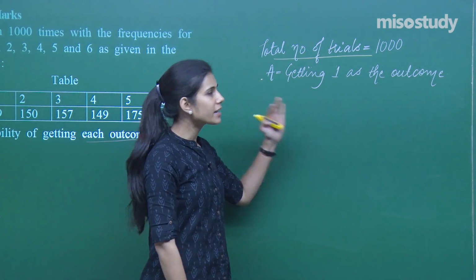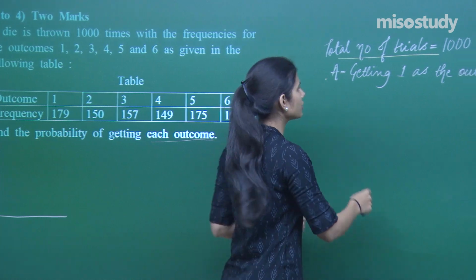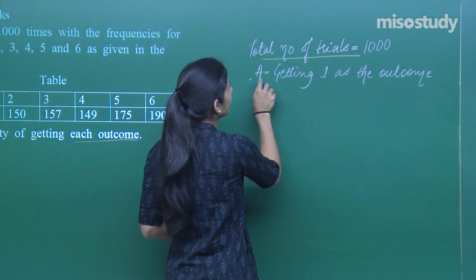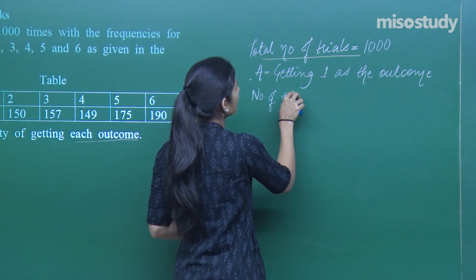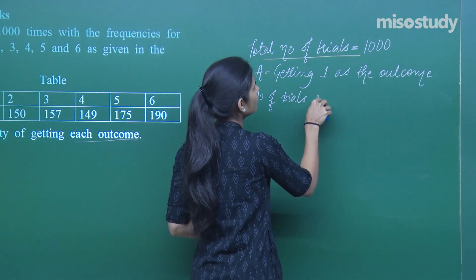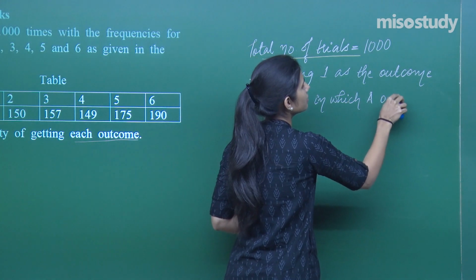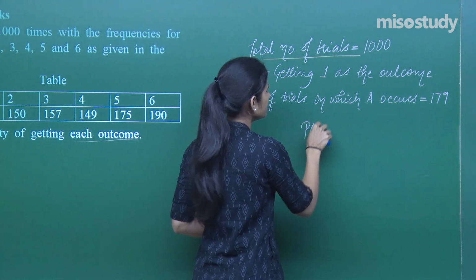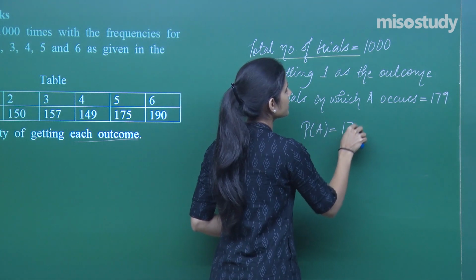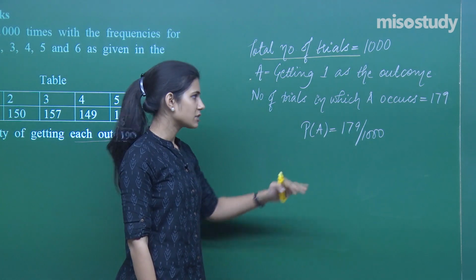In how many trials are you getting 1 as the outcome? You are getting 1 as the outcome in 179 trials. So the number of trials in which A occurs is 179, and therefore the probability of occurrence of A is 179 by 1000. So that is the probability of getting 1 as the outcome.